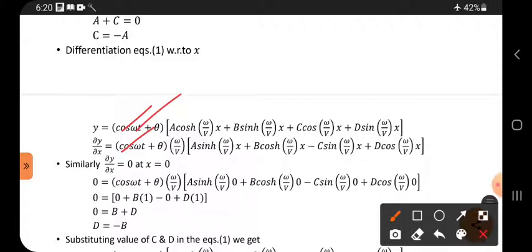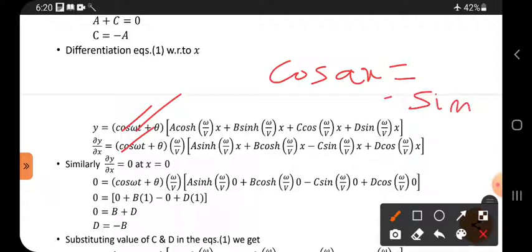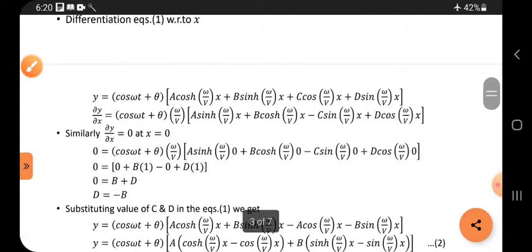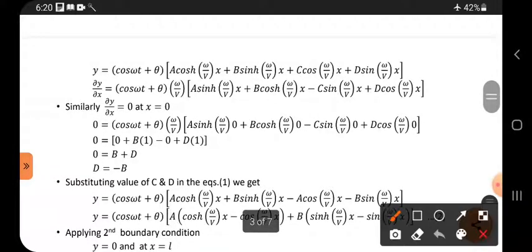But here, we know the derivative of cos ax is minus sin ax into a, whatever coefficient x has comes outside. Here the coefficient of x is omega by v in every term, so omega by v comes out as a common factor. That means one step is eliminated.